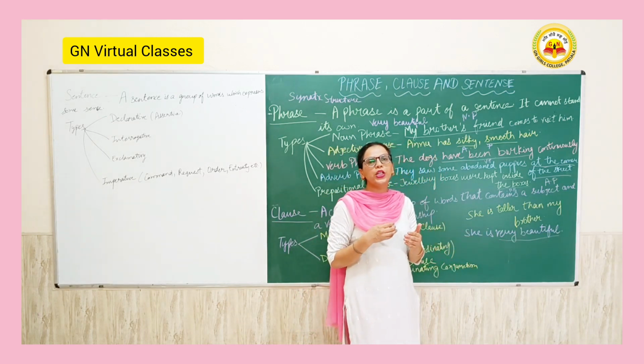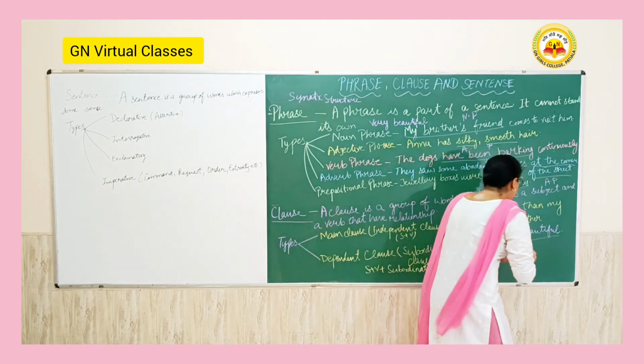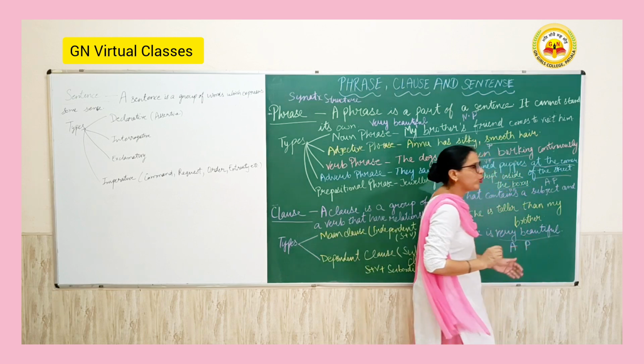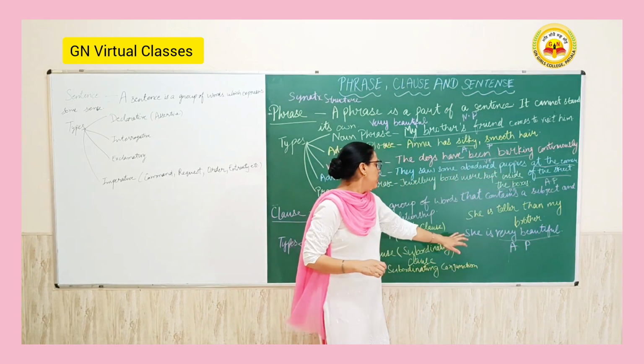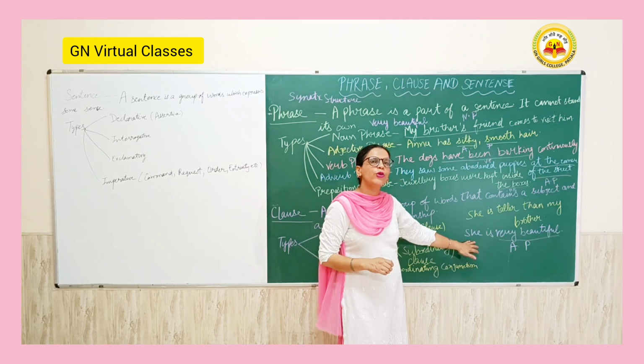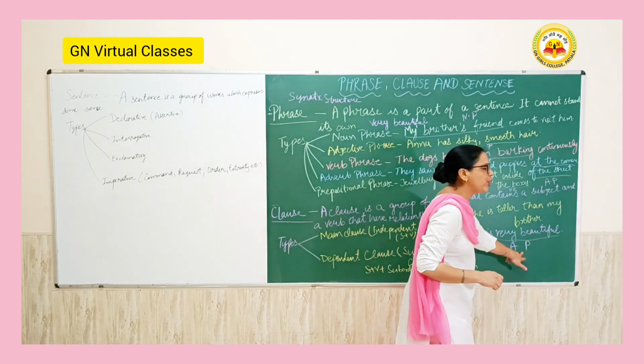Then the question comes like this: which phrase is this? This is an adjective phrase, very beautiful, because it qualifies the pronoun. It defines the quality of a pronoun. She is very beautiful. So this is an adjective phrase.